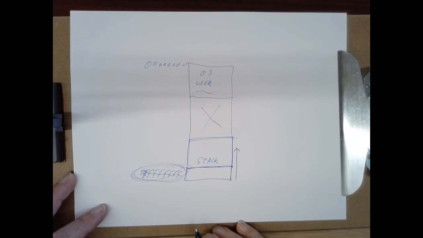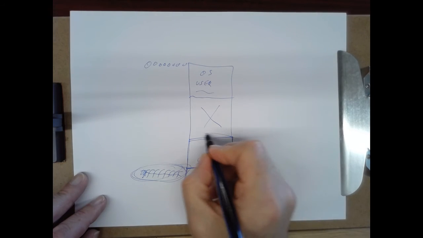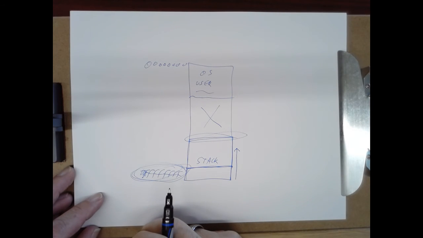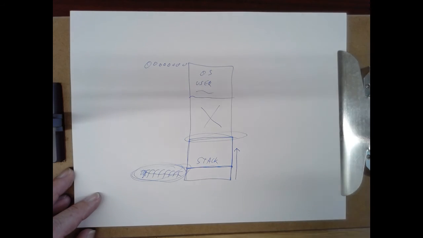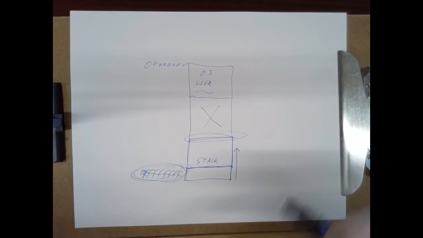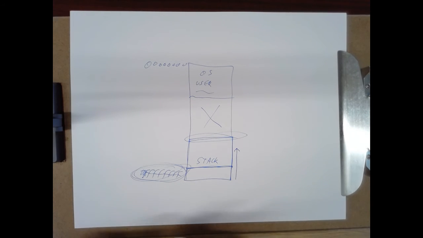Your stack still grows. It just takes longer for it to get to this region where it's going to get an access error. So growing the stack to smaller addresses has this advantage of not binding you to a particular size of stack. And if you've got lots of memory, a lot of it's usually used for stack space.